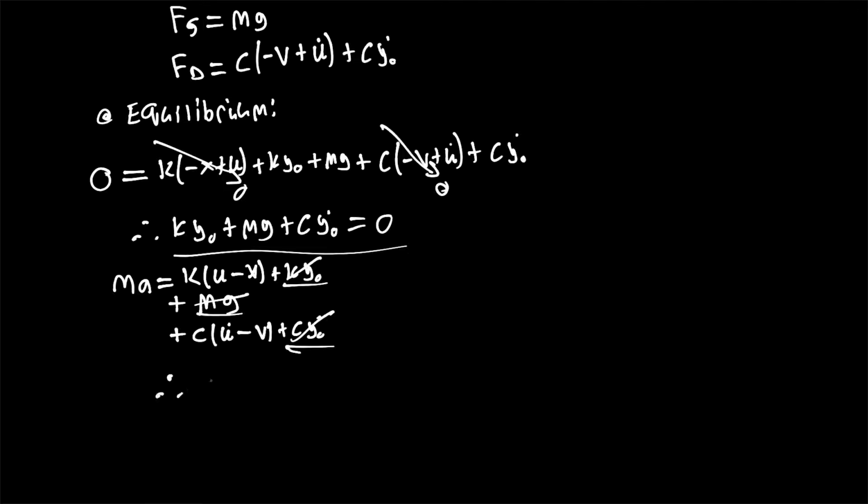Therefore, mass times acceleration equals k times u minus x plus c times u dot minus v.